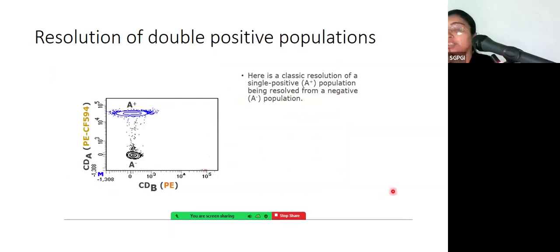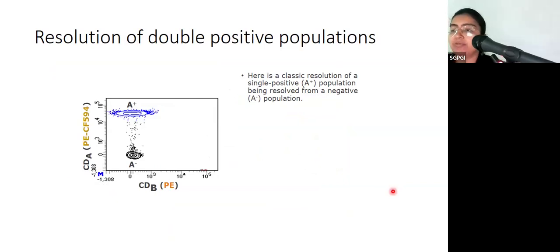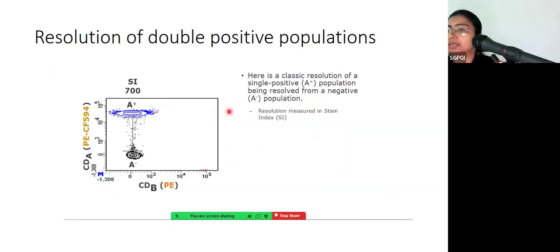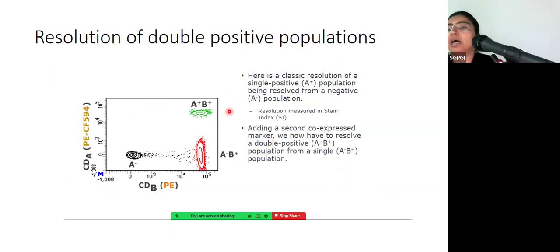Now, what spread leads to is, if you have two markers here, you have a marker B on PE and say a marker A on PE-CF594. So you have spread of population A versus B. Now, A does not express B, so there is a lot of space here, right? So a huge amount of space, good stain index. Now, if you have A, which also co-expresses B, and B is expressed on the positive population, which is isolated, only B positive population at a high intensity, what happens?